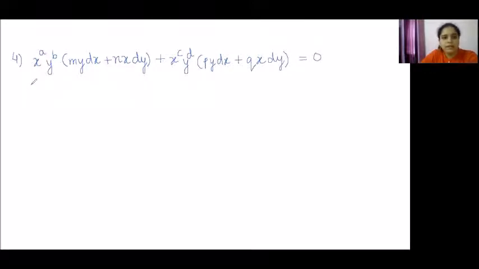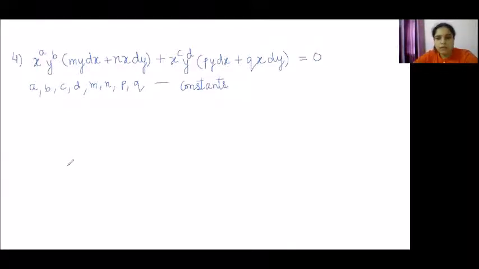Here all these a, b, c, d, m, n, p, q are some constants.